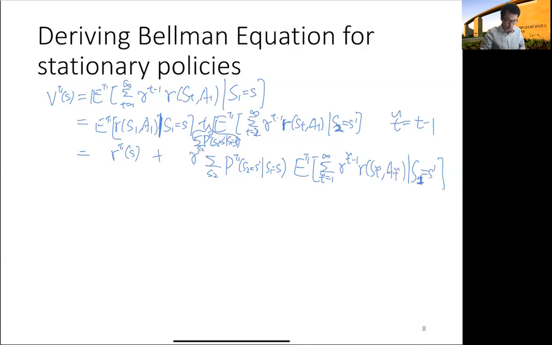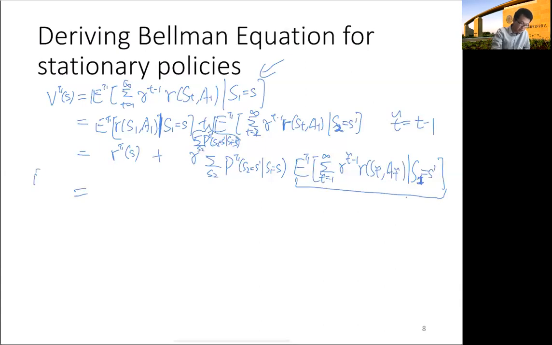Now notice that by stationarity I can replace this whole thing with the same value function, because it has exactly the same form. With stationarity, starting from the second step at state S prime is the same as starting from the first step at S prime.